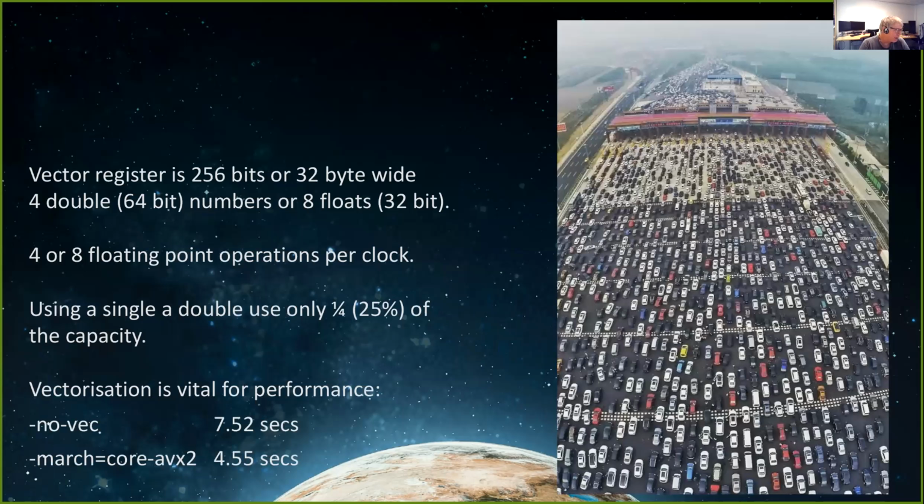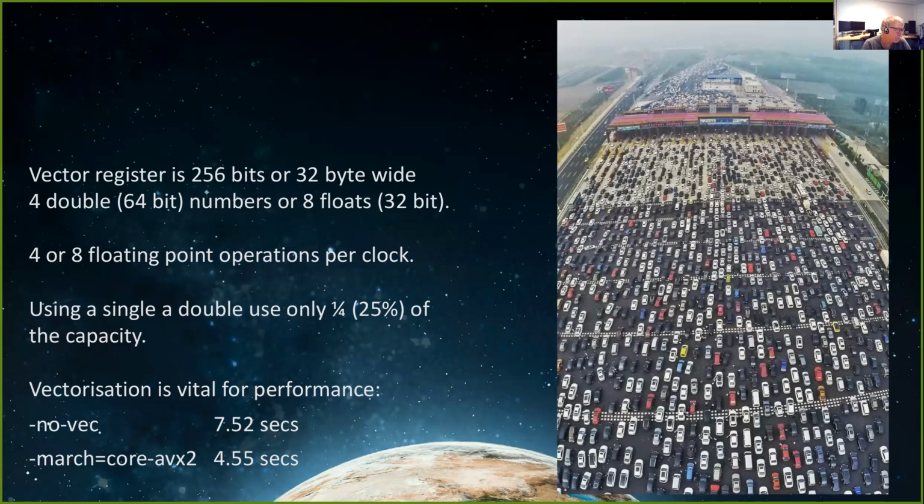Then the vector register. You see that if you can fully vectorize, you can have multiple lanes doing it simultaneously. There are 256-bit or even 512-bit in a register, and if you fill it up with characters, shorts, or integers, you can get very high performance using the vector units.